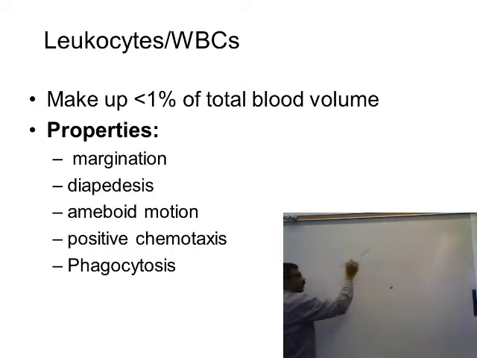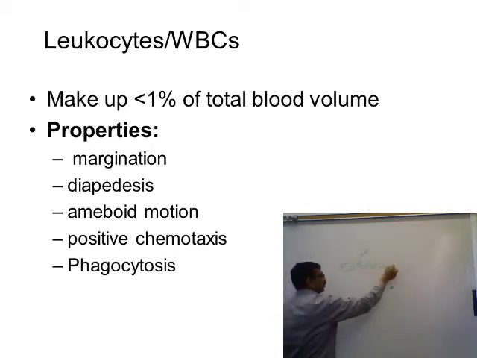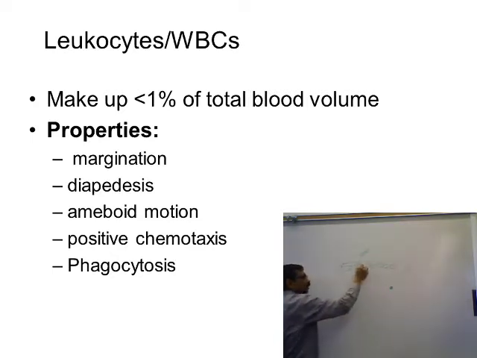So in that case, these white blood cells will line up. Instead of passing through the blood vessel, they will move to the side and get attached to the wall and line up like this. That is called margination.